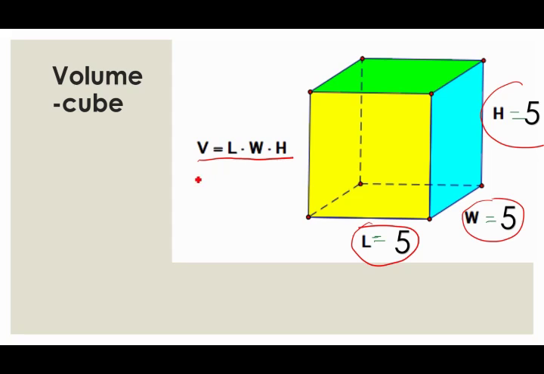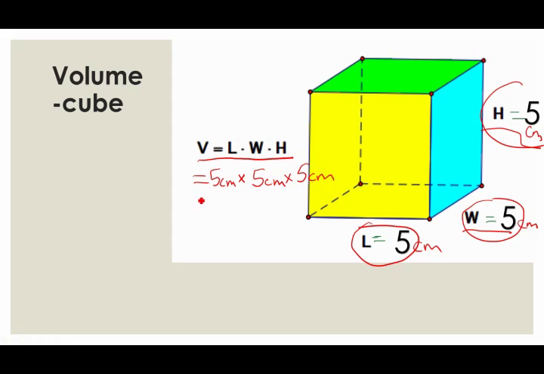So here, if we were to plug in our numbers, let's say this is 5 centimeters, we would have 5 centimeters for our length times the width is 5 centimeters, and our height is 5 centimeters.